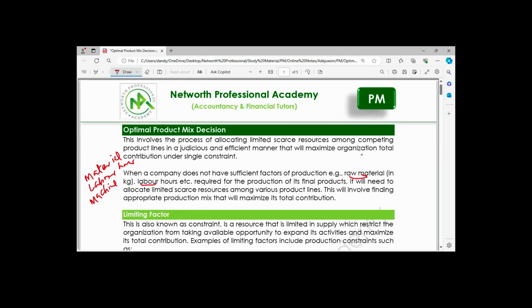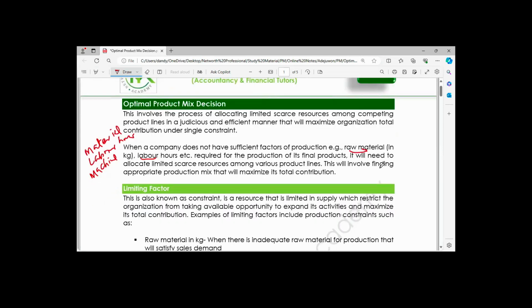Anything that limits the capacity of a company to achieve its goal is what we refer to as limiting factor or constraints, all right? Like I mentioned the other time, there could be production constraints such as raw material kilogram, labor hour, or machine time, all right?